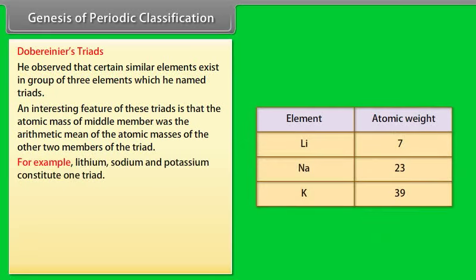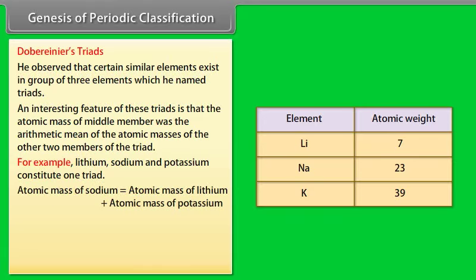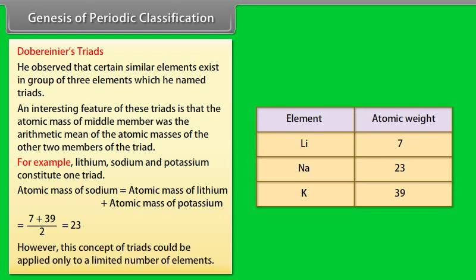For example, lithium, sodium and potassium constitute one triad. Atomic mass of sodium is equal to atomic mass of lithium plus atomic mass of potassium by 2, which is equal to (7 + 39) / 2 = 23. However, this concept of triads could be applied only to a limited number of elements.